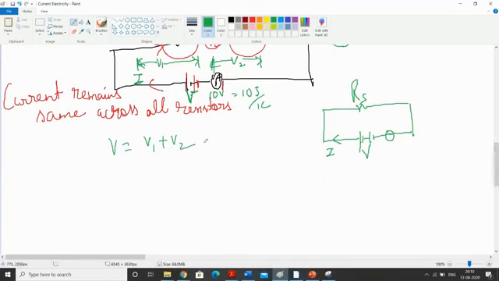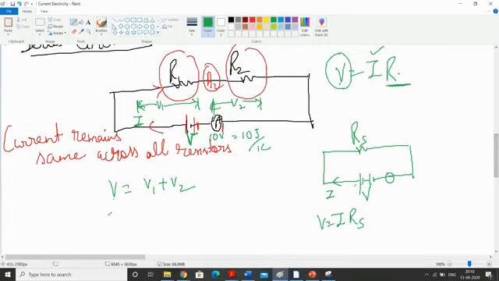So V is equal to V1 plus V2. We can write this V from this circuit as IRS. V is equal to IR, and this is IRS. V1 we can write as IR1, because I is the current and R1 is the resistance. V2 we can write as IR2. So IRS is equal to I(R1 plus R2).